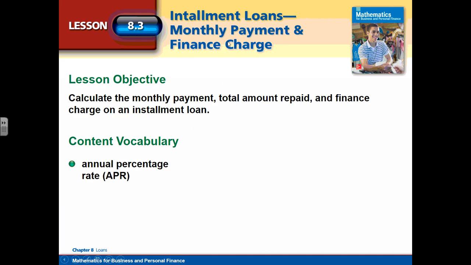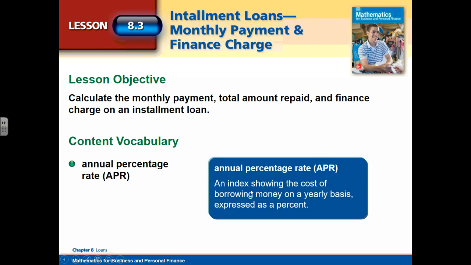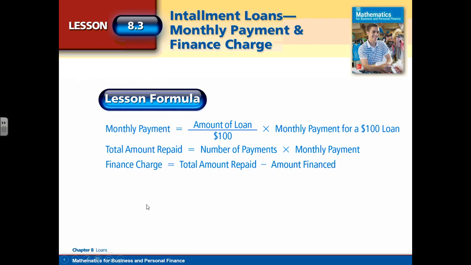Installment loans, monthly payments plus a finance charge. We're going to calculate the monthly payment or the total amount repaid, and finance charge on an installment loan. We're looking at annual percentage rate. It's an index or a number showing the cost of borrowing money on a yearly basis expressed as a percent. So there's three things we're going to calculate.